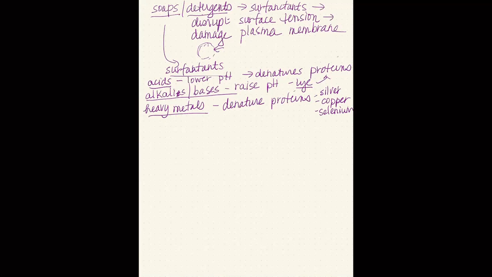Then we have halogens. So remember, halogens are things like chlorine, iodine, bromine, right? Okay, so what these do is they're going to oxidize cell components. It's not adding oxygen, but what we're doing is changing the amount of electrons there.